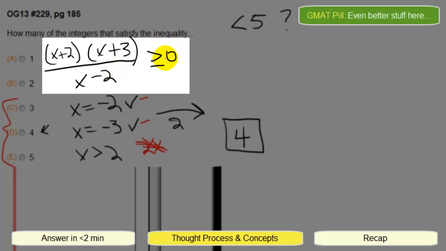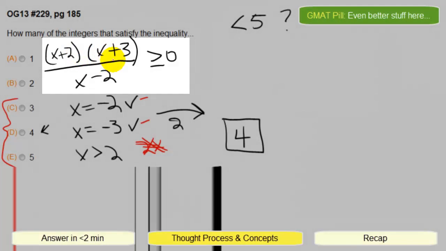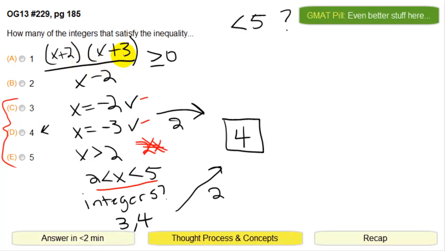Either way, you're always going to be negative if you use another number like minus 4 or minus 1. Only negative 2 and negative 3 work because that brings you to 0. And anything greater than 2 works because then you're dividing by a positive number, and that gives you a positive result. So these are the two negative numbers that work, and these are the two positive numbers that work that are less than 5. And so that's why you get a total of 4.